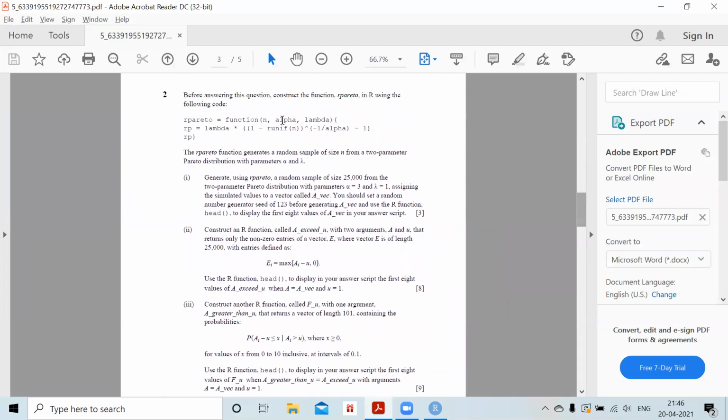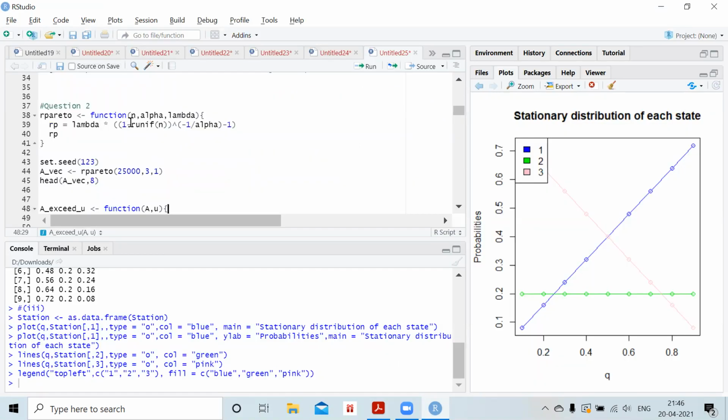Moving to question 2, they've given us this code, rpareto function of n, alpha, lambda. So just copy paste this code as it is, lambda times 1 minus u to the power, and so on. Now I have had people who have told me that this is not the correct code for rpareto. I know the code for dpareto is alpha lambda to the power alpha and whatever, but that is for dpareto.